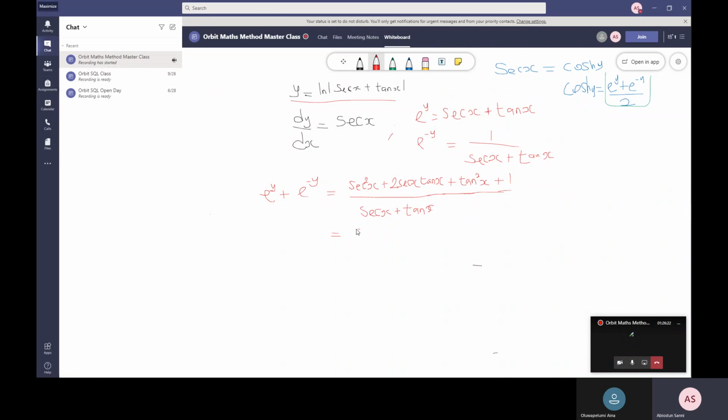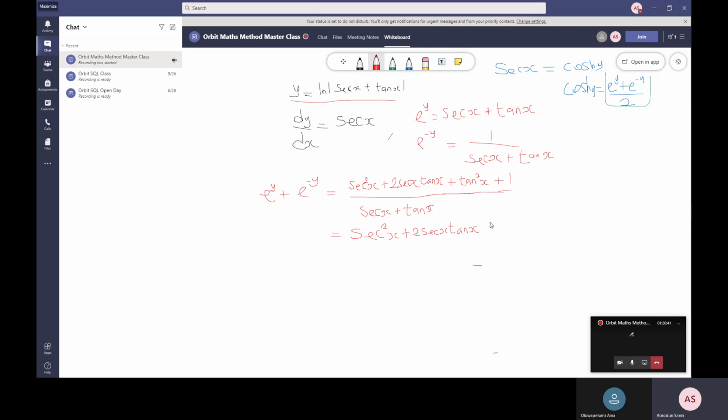So this is sec squared x plus 2 sec x tan x. Our answer has come out already, if you are seeing it.